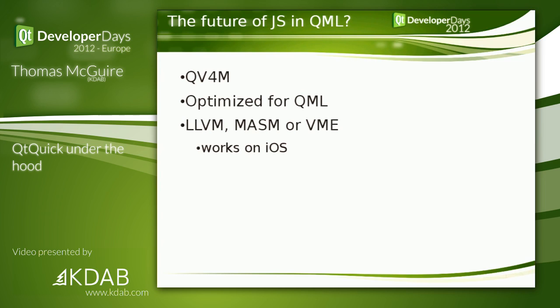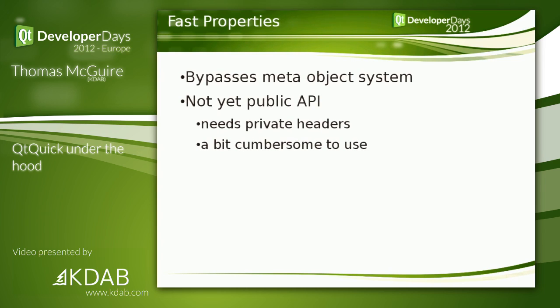I don't know why they have both. I only heard about this project on Friday. But that is the future of JavaScript engines within QML. It's a small, lightweight engine optimized for little things like bindings, and it doesn't need to have all the overhead V8 has.